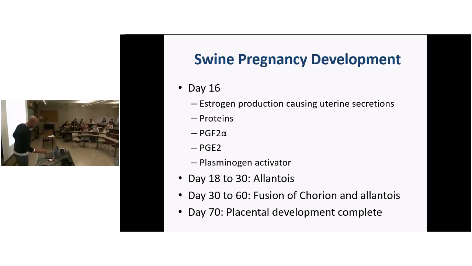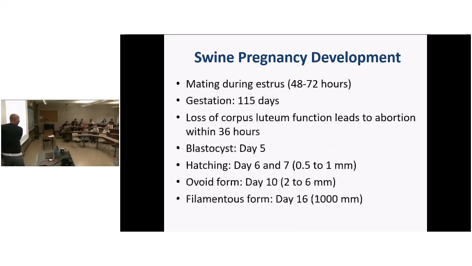Going back to when the embryo is in this filamentous form, okay? Lots of this will happen before you even have a placenta and something else. And that's the beauty of reproduction, okay?